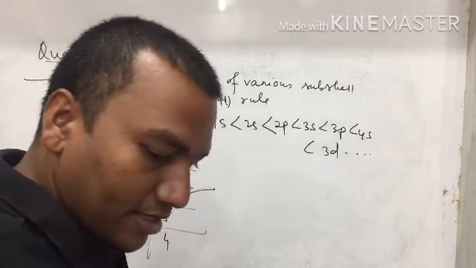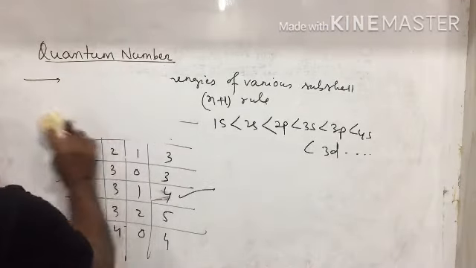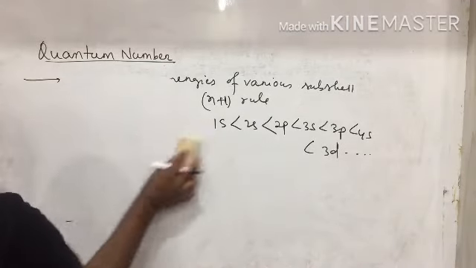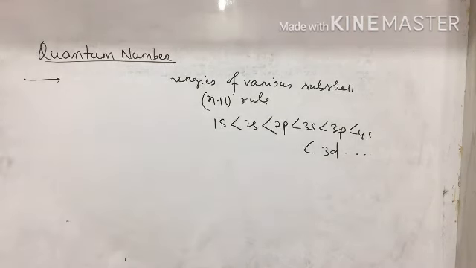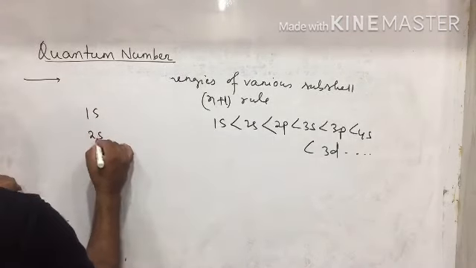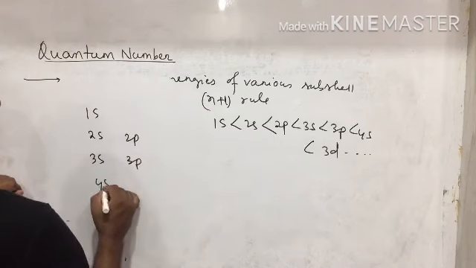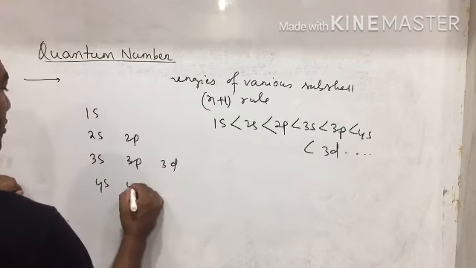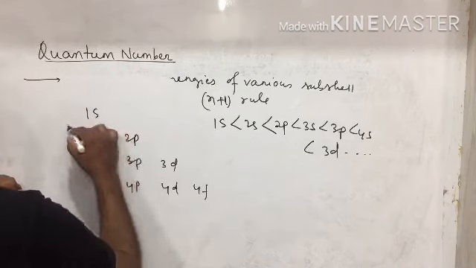But what is another shortcut format to remember? You see, you will write like this: 1s, 2s, 2p, 3s, 3p, yes or no, 3d, 4s, 4p, 4d, 4f, like this.